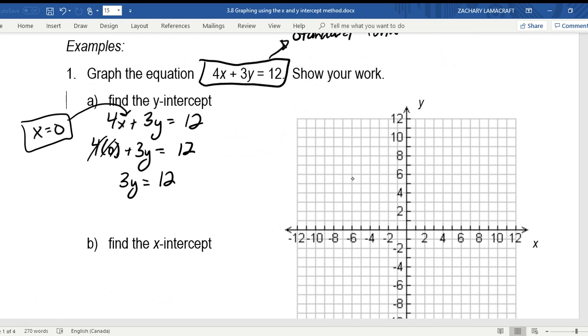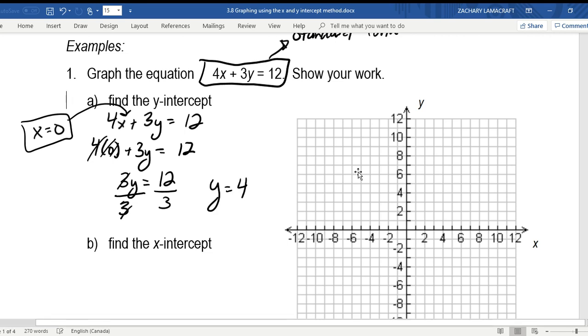If we want to get y by itself, we divide both sides by 3, which gives us y is equal to 4. Since we found the y-intercept, and we know the coordinates of a y-intercept have x as 0, we're going to put our dot right at 4.